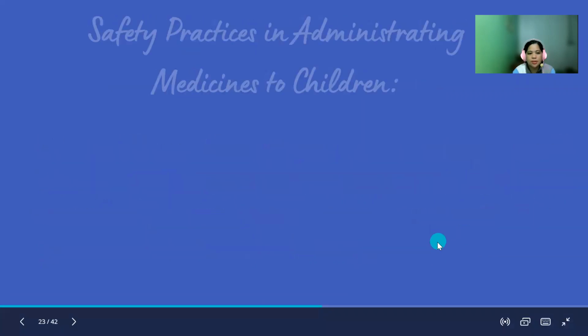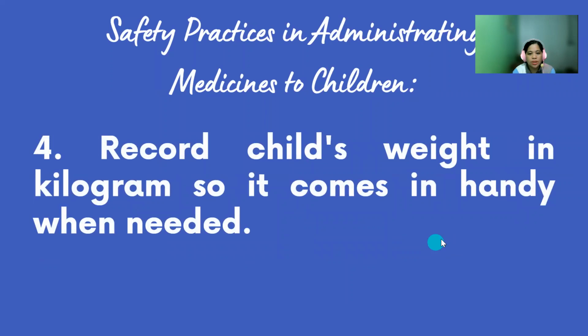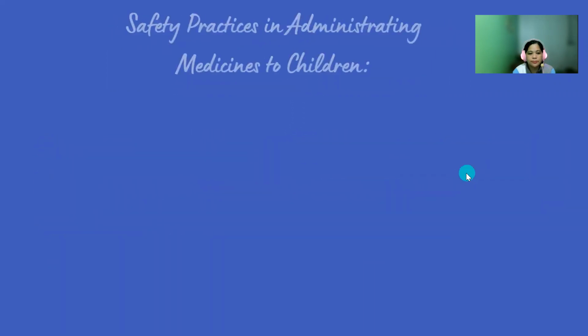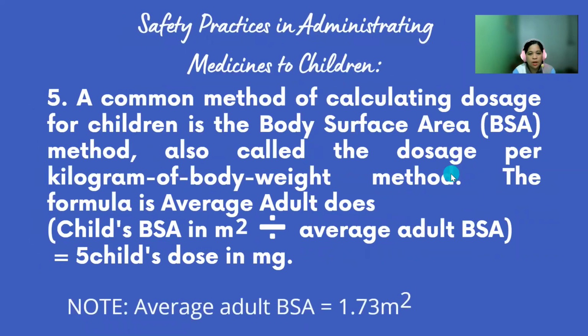Fourth, record the child's weight in kilograms so it comes in handy when needed. Fifth, a common method of calculating dosage for children is the body surface area or BSA method, also called the dosage per kilogram of body weight method.